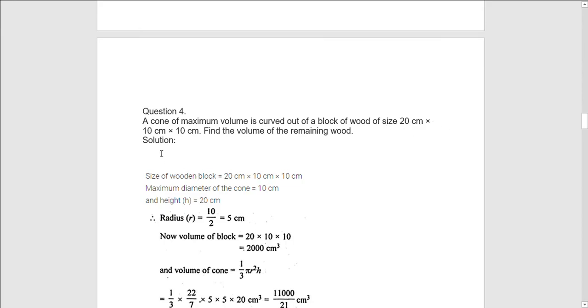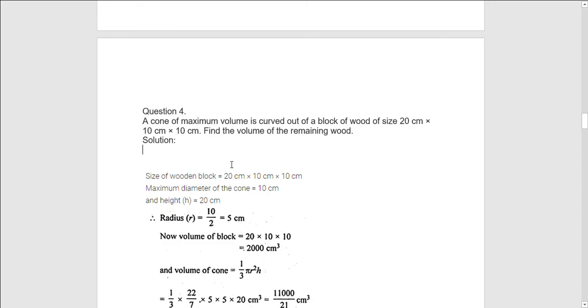L into B into H. It means this is your cuboid, right? And the cone of maximum volume is carved out, right? So you can take this as the height, maximum height here. So height of the cone is this, and one of the base sides of the cuboid, the breadth, that is the diameter of the cone.